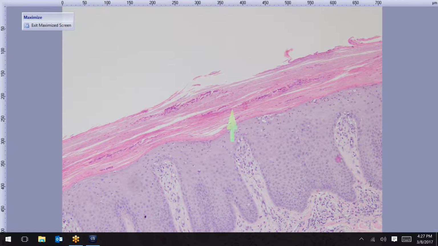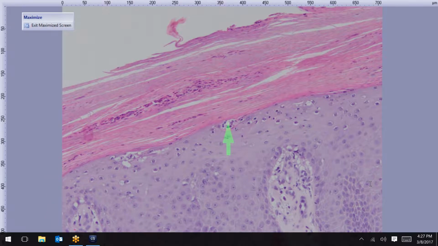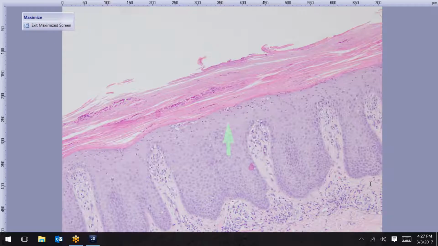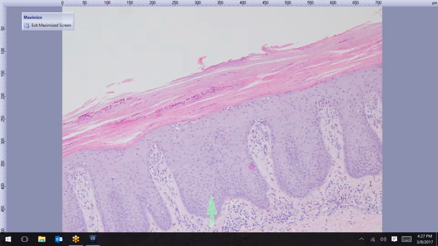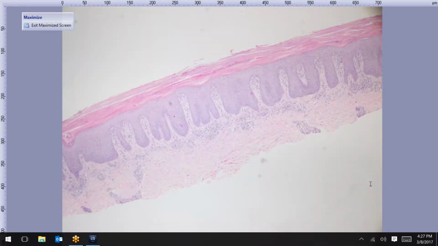You can even see right here a few neutrophils percolating in the upper part of the dermis, and that's the spongiform pustules of Kogoj that are listed in textbooks. Psoriasiform acanthosis, a little bit of proliferation or dilatation of vessels in the dermal papillae, and then you've got this lymphohistiocytic infiltrate here. So this is just a really nice classic case of psoriasis.